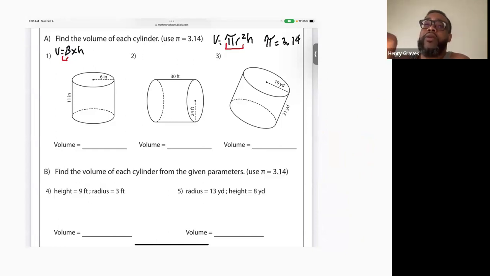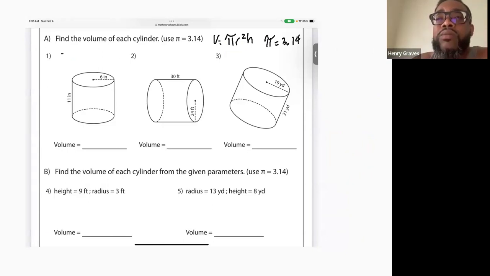Okay, so let me erase this here. I'm going to find the volume of the first one. So my volume is going to be 3.14, that's pi, times the radius to the second power. So I'm going to do 6 to the second power times 11.